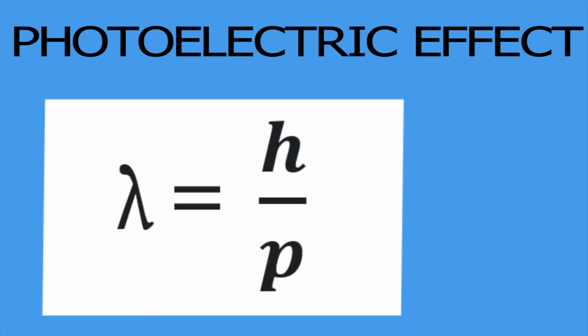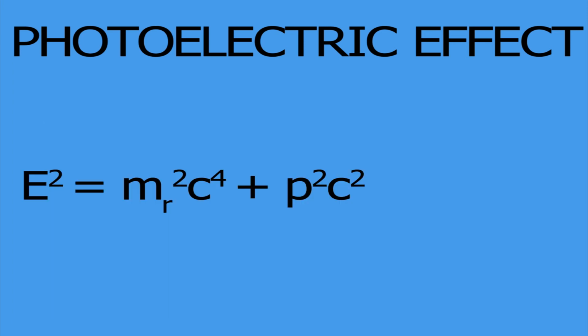The actual relationship between the energy and the speed is given by E squared equals rest mass squared multiplied by c raised to 4, plus momentum squared multiplied by c squared. And we also know that E is equal to Planck's constant multiplied by the frequency. Looking at the first equation, light has no rest mass, hence the first term has to be 0.